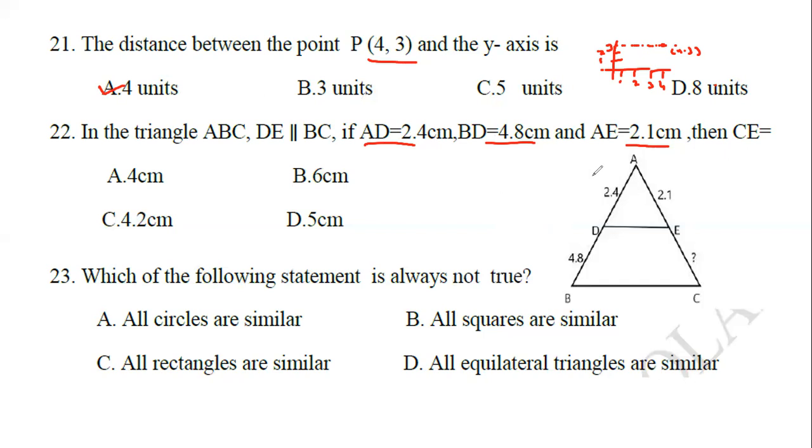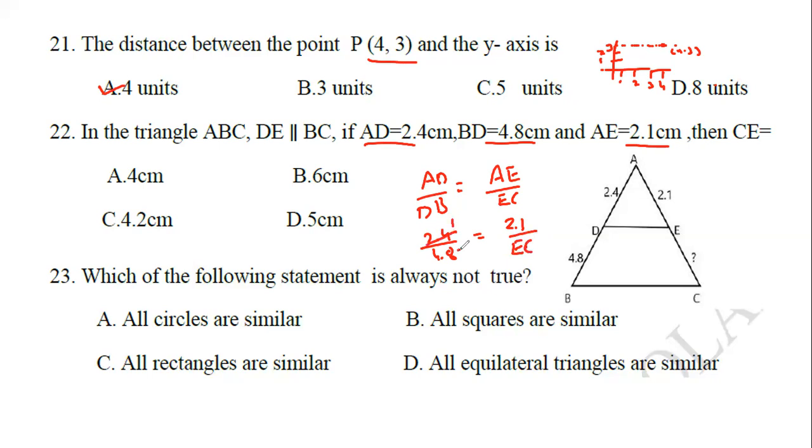Then CE is dash. So apply the BPT theorem here. AD by DB is equal to AE by EC. Value of AD is 2.4 divided by 4.8 is equal to AE, which is 2.1, divided by EC.